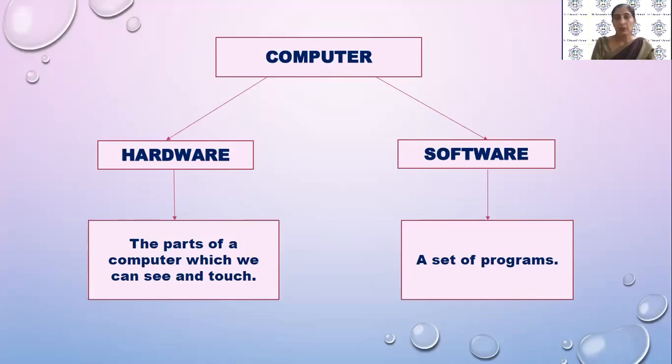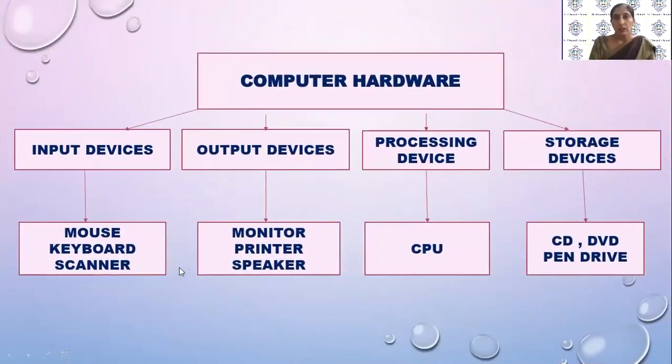So now we will discuss about the computer hardware. Computer hardware, according to the work, is divided into four types. They are the input devices, output devices, processing device, and the storage devices.